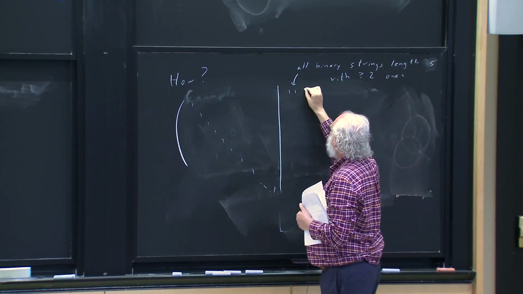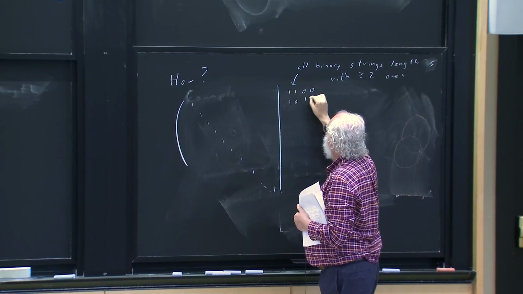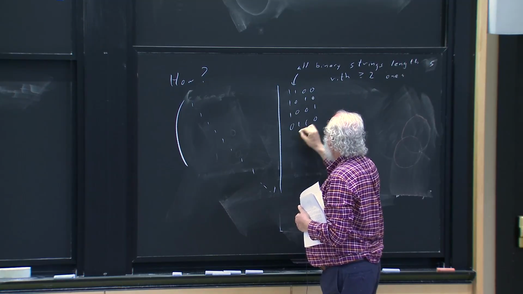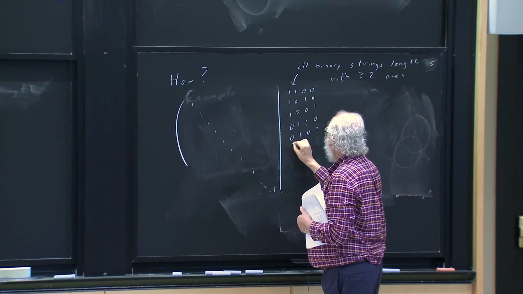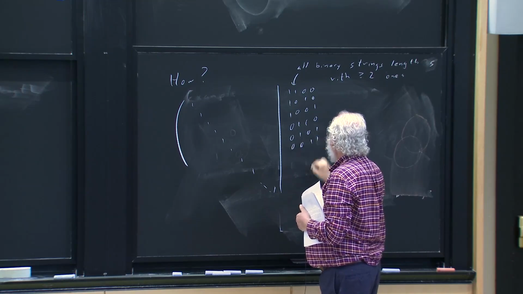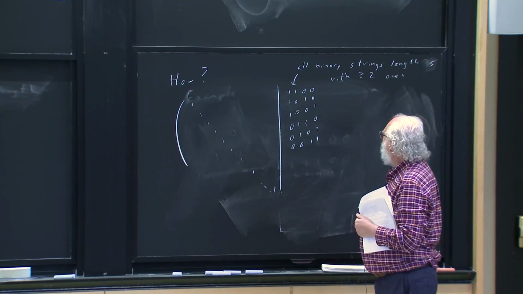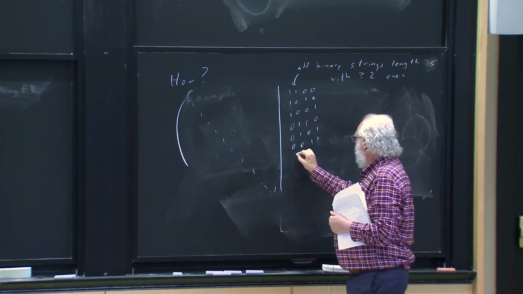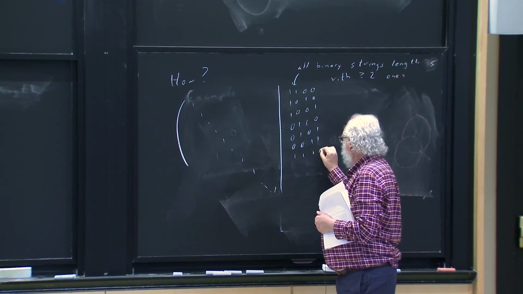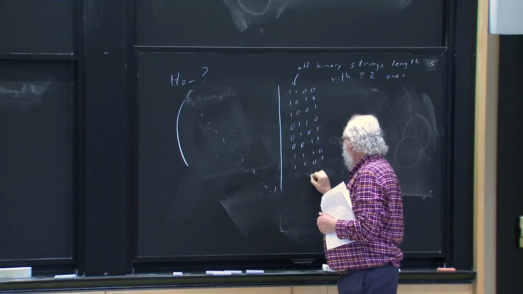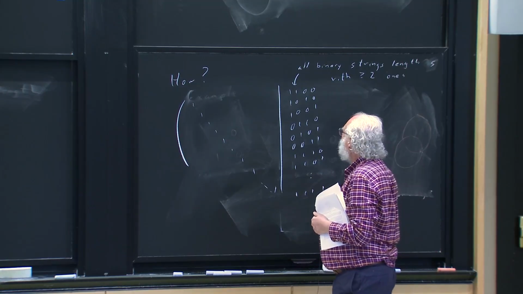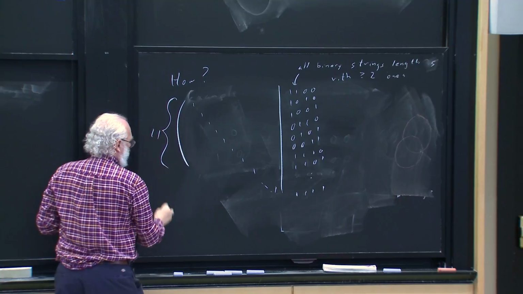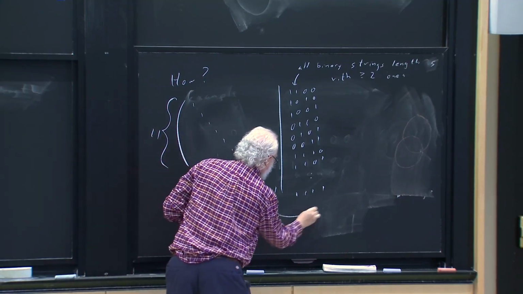So 1, 1, 0, 0, 1, 0, 1, 0, 1, 0, 0, 1, 0, 1, 1, 0, 0, 1, 0, 1, 0, 0, 1, 1. So I guess there's 6 here, then 4, 1, 1, 0, 1, 1, 0, 1, 1, 1, 1, 1. So this is 11, and this is 15.